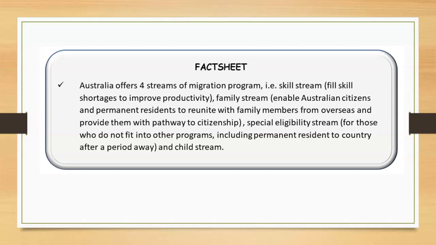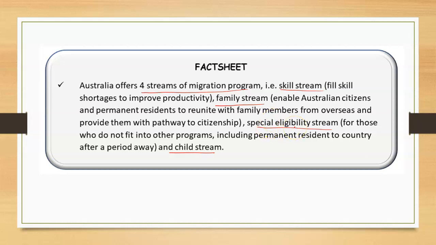Okay. Now another example that I can show you, in relation to immigration, would be here. See, they have a migration program. In here, I only put in 4 migration programs, but what I want to show you is they have migration programs that really encourage foreigners to come in. Skill stream, you encourage skilled workers to come in. Family stream, you are actually encouraging their family members to come in as well.